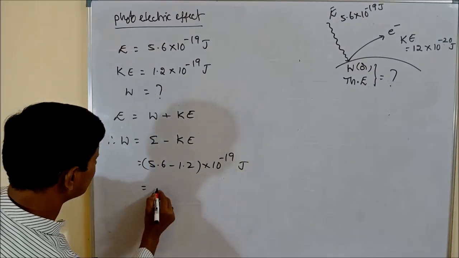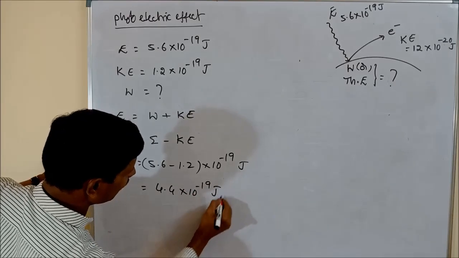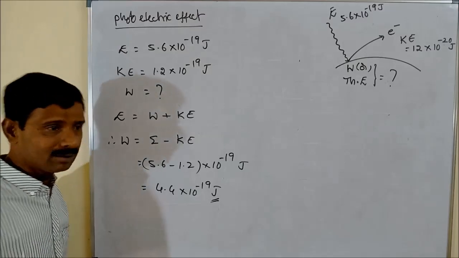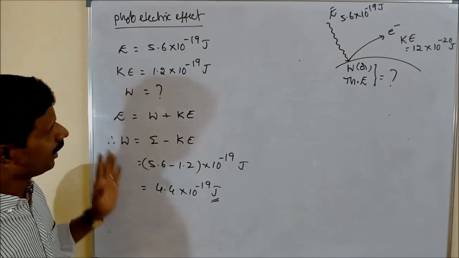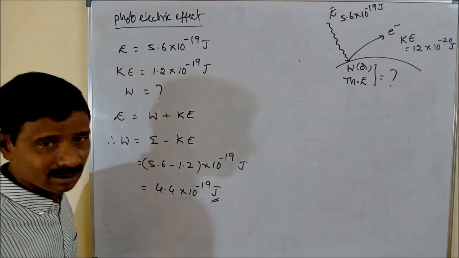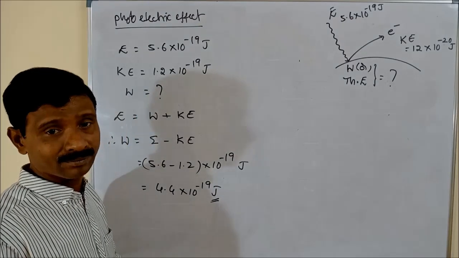So that means here it is around 4.4 into 10 power minus 19 joules. That is the work function of that metal. So like this, if you understand the diagram, automatically the simple calculations we are going to expect are very easy without any confusion.